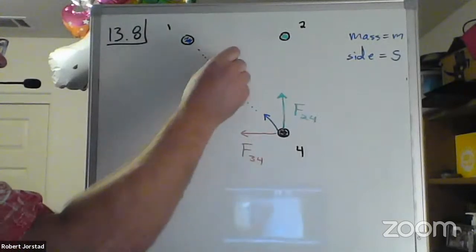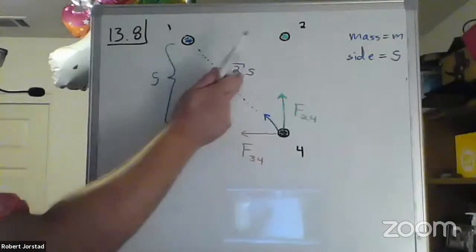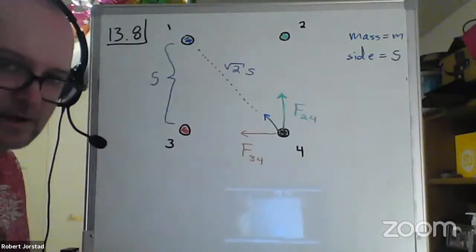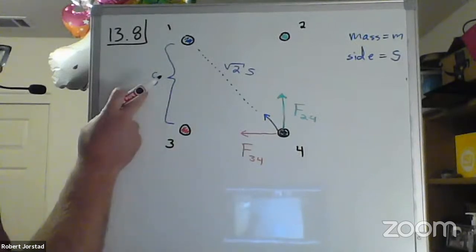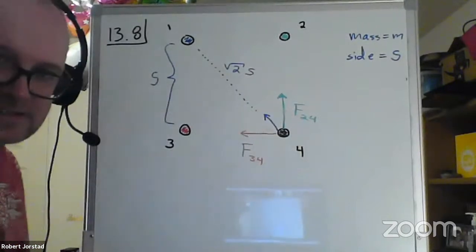What's the radius up here to this one? The square root of those 2 sides. So look, if I square that, the square root of 2s is 2s squared. So in the denominator of the force equation, I'll get s squared for this one and 2s squared for this one. So this one should be half the size.